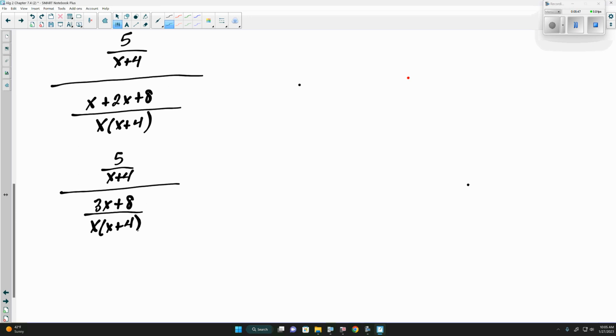Okay. All right, so we have these two here. Yes, we're good with how we got to this. If there had been two fractions on top, we would have had to add or subtract those together. Same with the bottom. We try to get the top and bottom to be exactly one fraction. But what are fractions really? The numerator divided by the denominator. So really what this is saying is that I have 5 over x plus 4 divided by 3x plus 8 over x times x plus 4.